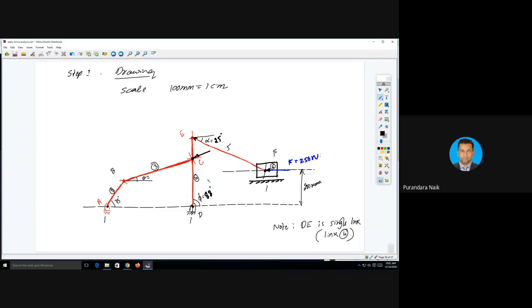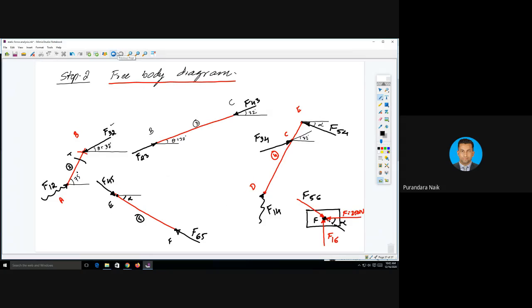So, free body diagram, is there any doubt in the free body diagram? Start from the second link. Second link, B is a common point on the second link as well as the third link. So the force acting on point B by link number 3 will be in the direction of link number 3. Why? Because there is no intermediate force on link number 3. You check whether an intermediate force is acting on link number 3 or not.